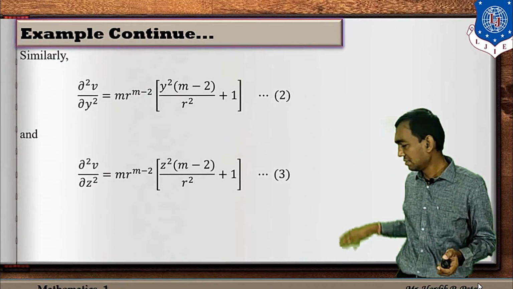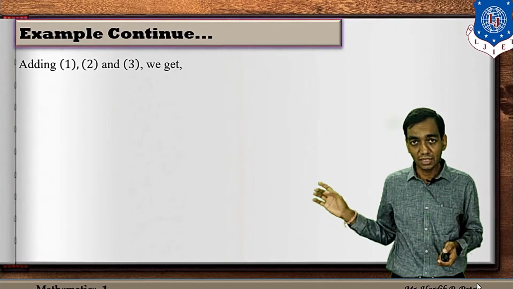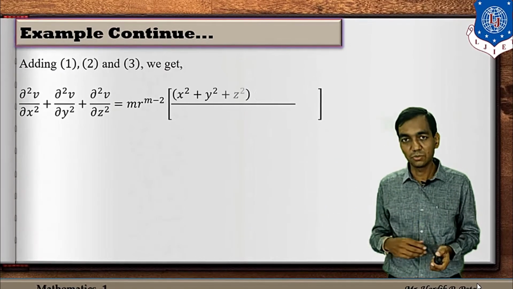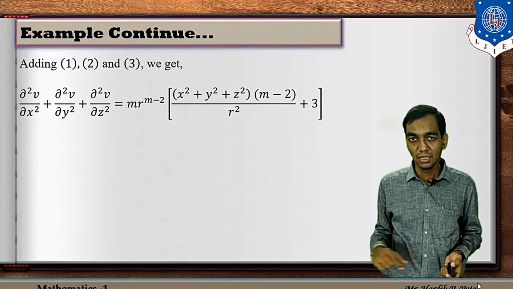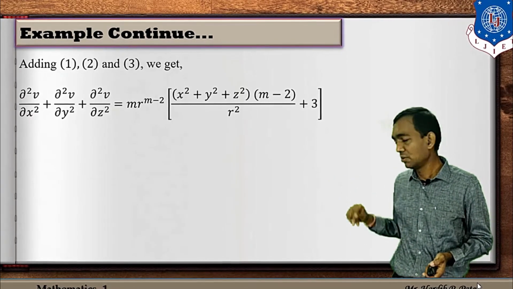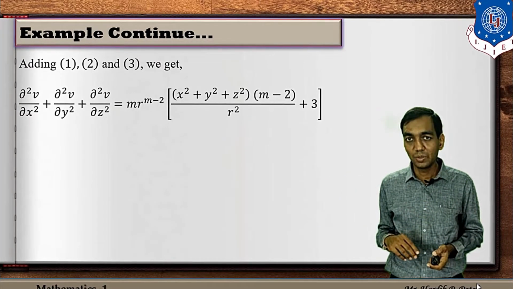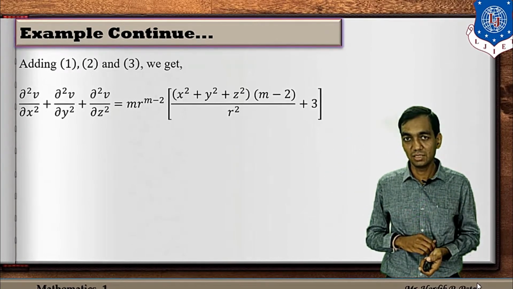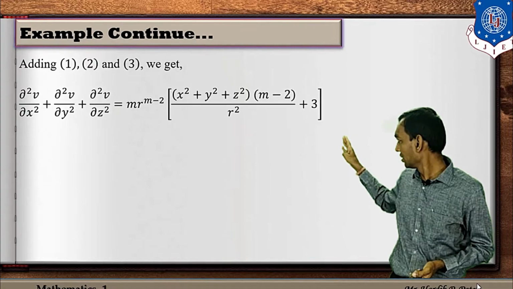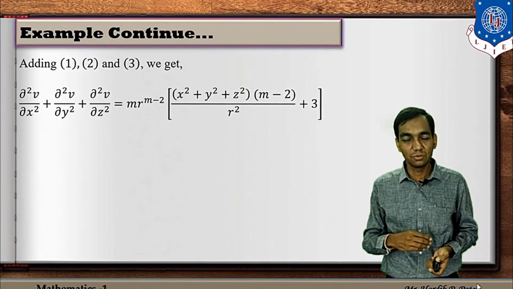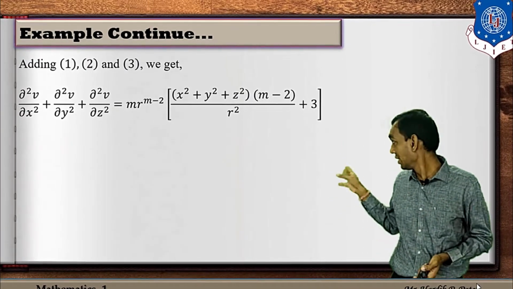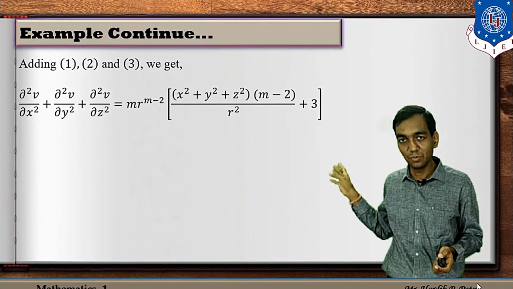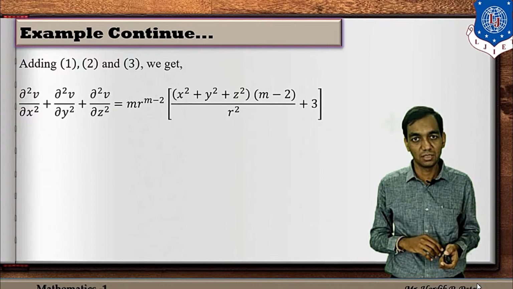So adding these three equations, that will give ∂²v/∂x² plus ∂²v/∂y² plus ∂²v/∂z² is equal to m into r raised to m minus 2 into the bracket. Now see, m minus 2 upon r² is common from the first terms of the bracket, that will give you x² plus y² plus z² into m minus 2 divided by r², plus 1 plus 1 plus 1, that will be 3. So you will have plus 3.